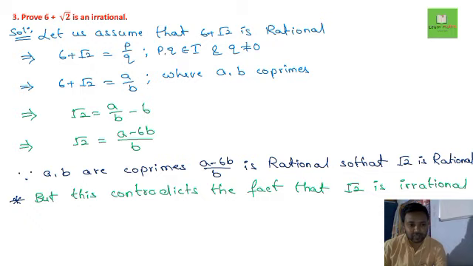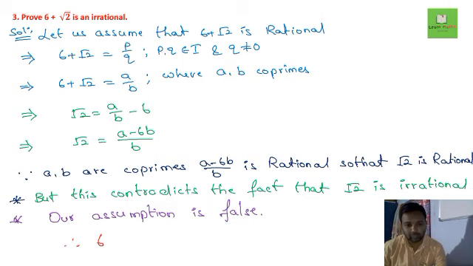If this is irrational, our assumption is false. Our assumption is false. If our assumption is false, then 6 plus root 2 is said to be an irrational number. It is not rational, therefore it is irrational.